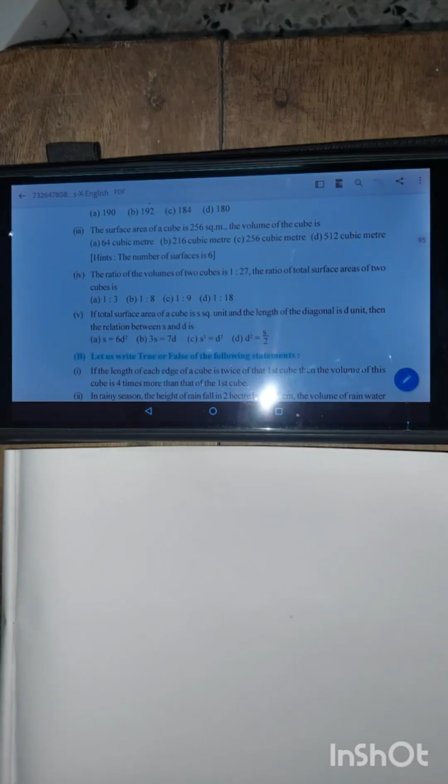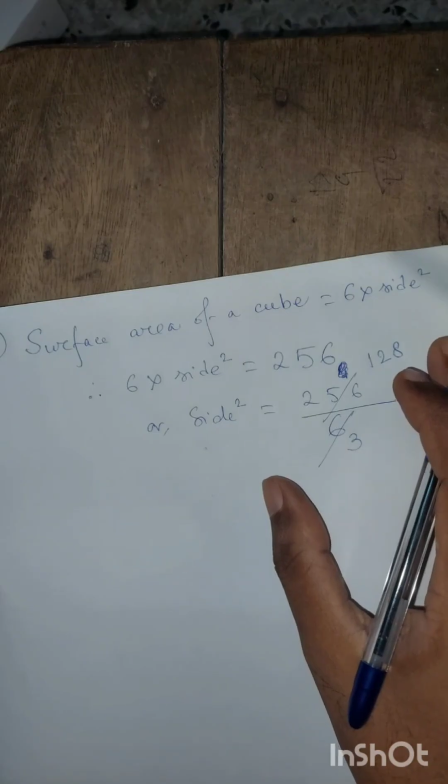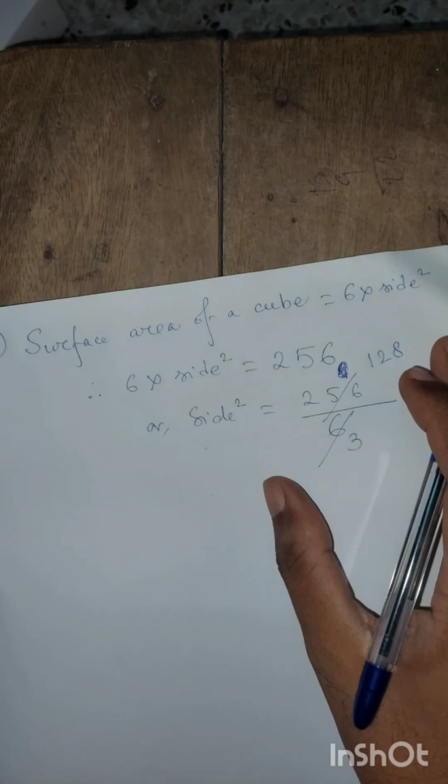Now question 3 says the surface area of a cube is 256 square meter. The volume of the cube is... the question is not correct.